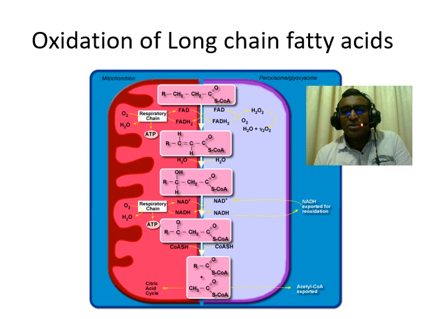This hydrogen peroxide is quite toxic, and by the use of catalase as well as the reducing power of FADH2, it will be converted to something safe, which is water and oxygen.